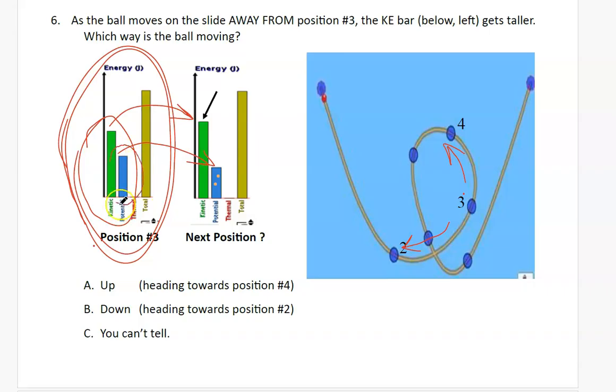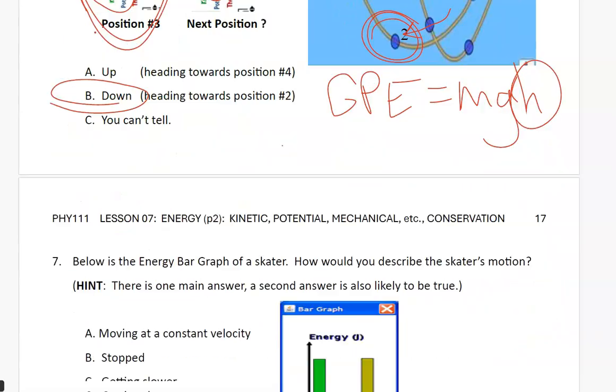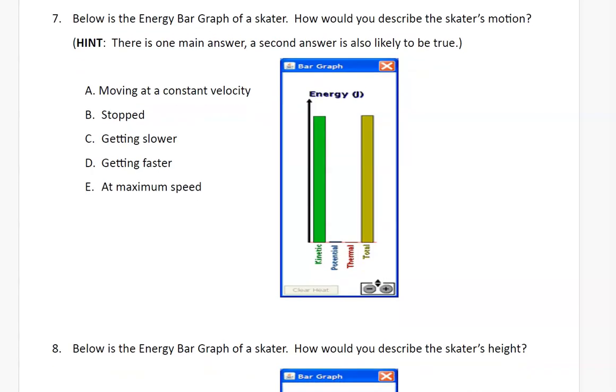So the fact that this bar is changing to this bar, a shorter bar, means less gravitational potential energy, and that is equal to mgh, which means there must be less height, and that tells us that it's heading towards position 2.